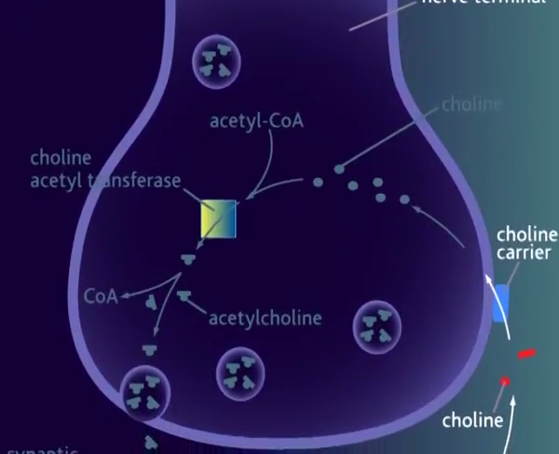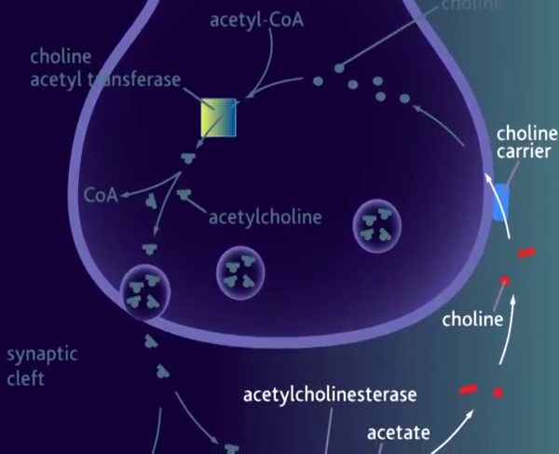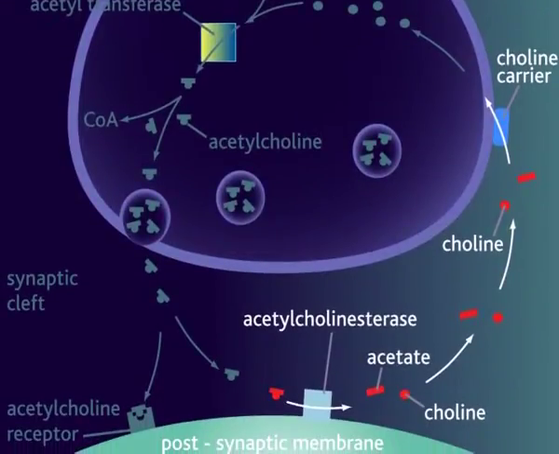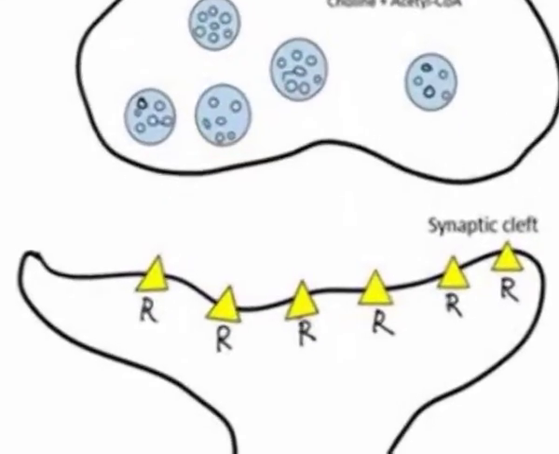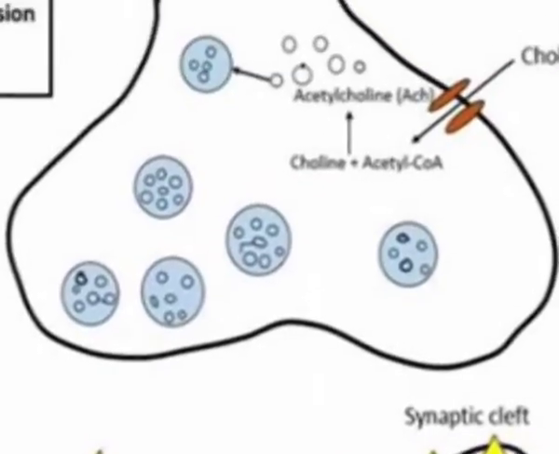The parasympathetic nervous system involves cholinergic transmission, that is the release of acetylcholine and its activation of the postsynaptic receptors. Things that bind to and activate receptors are called agonists. Thus, acetylcholine is the endogenous agonist for all cholinergic receptors.